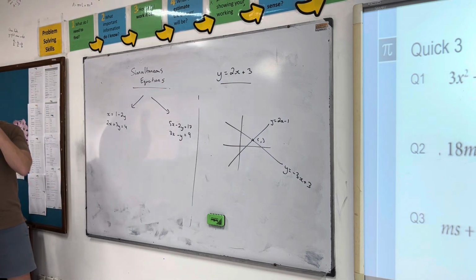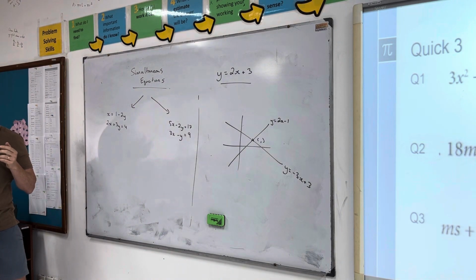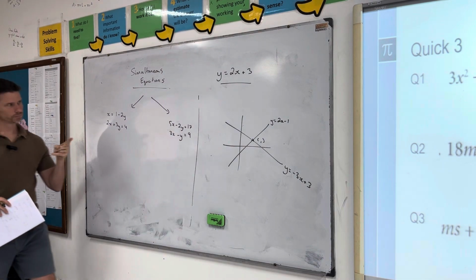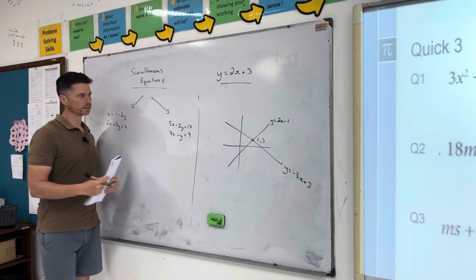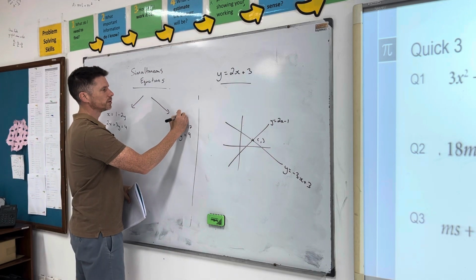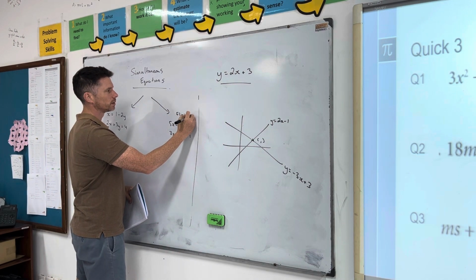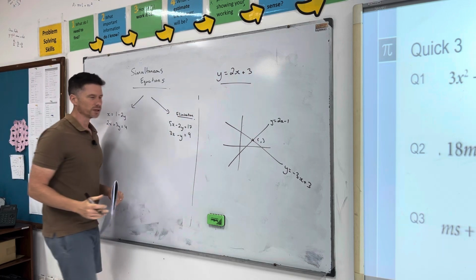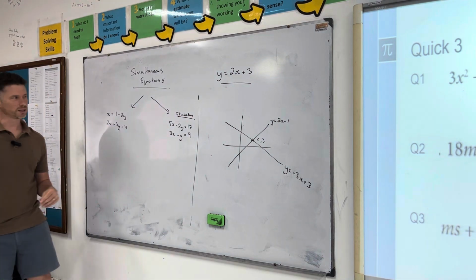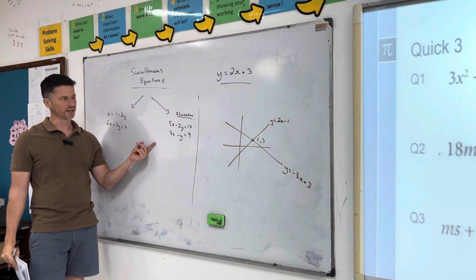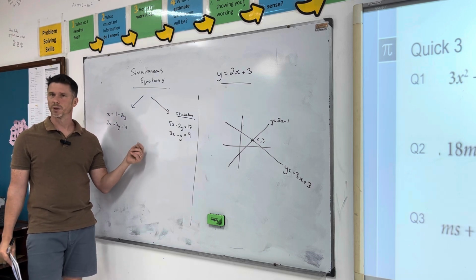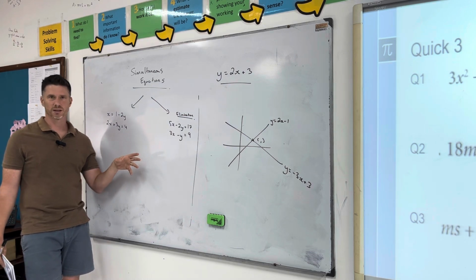Okay, can anyone remember the names of the two methods or how the methods would work? You want to try and get two of the same, so you times 1 by 2 to get 2y. Cancel that. Or you want to get plus 2y. You want to cancel. Okay, so that's what you're describing, Charlie, is the elimination method. We try and eliminate the y's by making them the same but opposite signs.